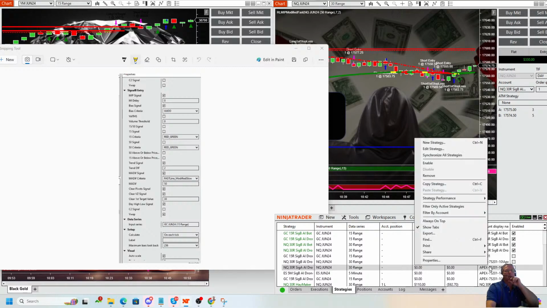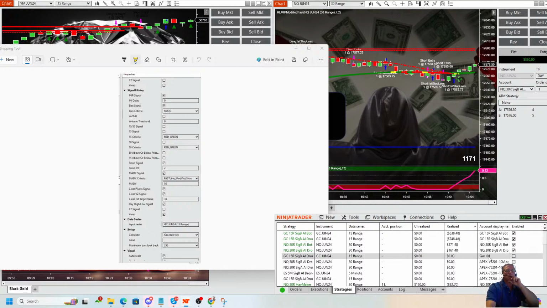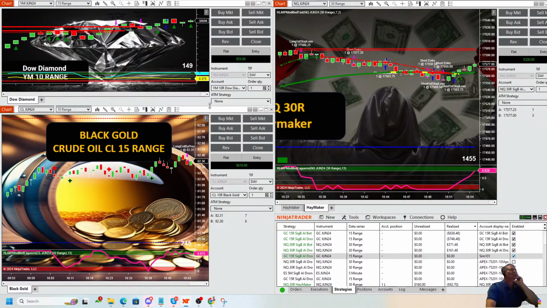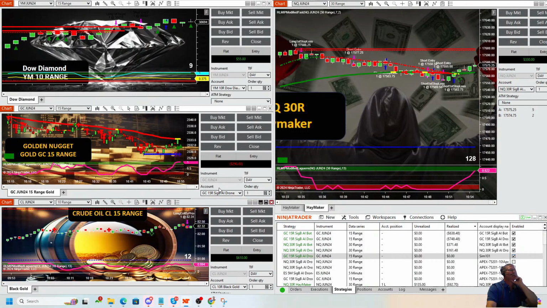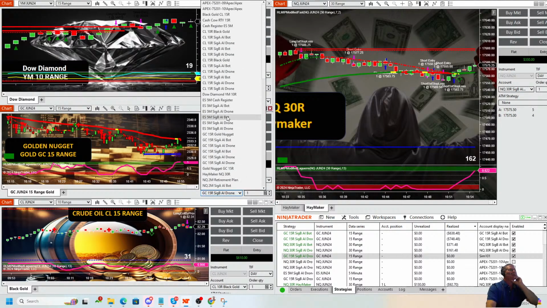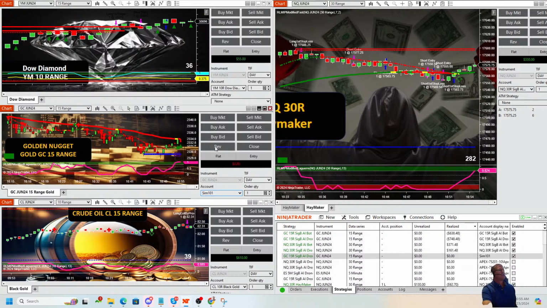So let me put that in a sim account. Oh, it is. Okay. So now we set up that scalper on gold. If I go to my gold chart and I want to see those trades in real time, I would put it at my chart trader, the same account that's in my strategy, which is my Sim 101 account.